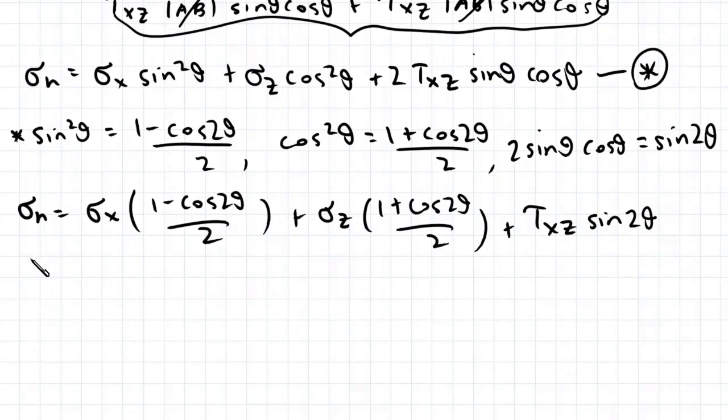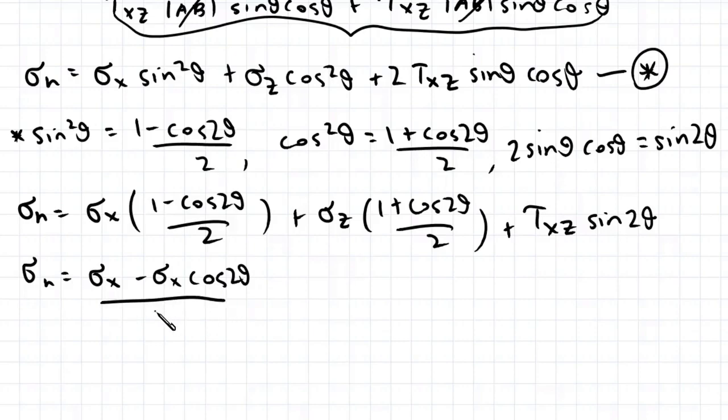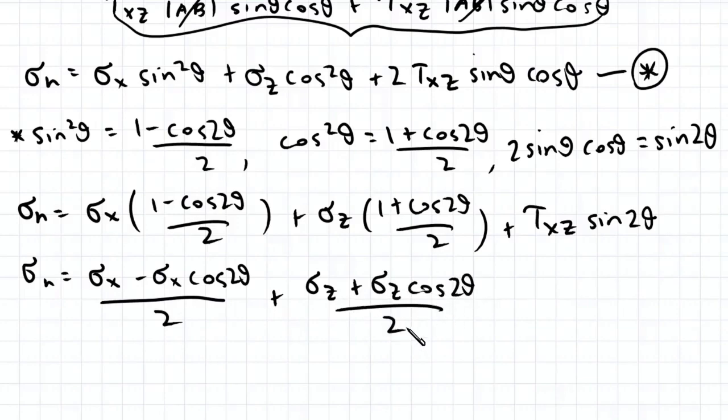And I can just quickly expand this, so sigma x minus sigma x cosine 2 theta, all of that's divided by 2, plus sigma z plus sigma z cosine of 2 theta divided by 2, plus, and this term stays the same.